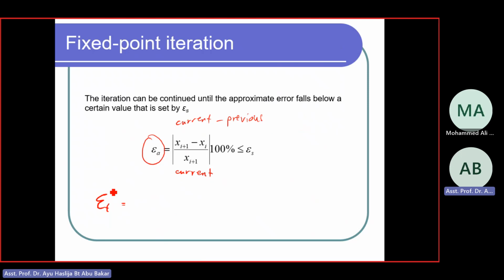For ET, you will need the true value minus approximate over true. The true value, you will need to calculate later using the calculator. That is your true value.